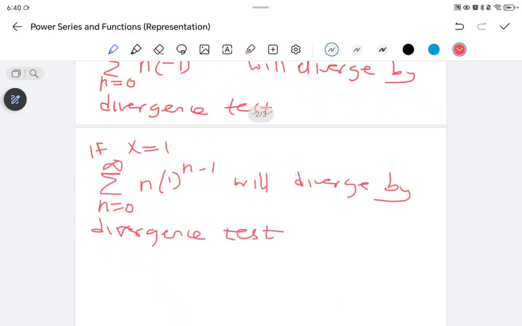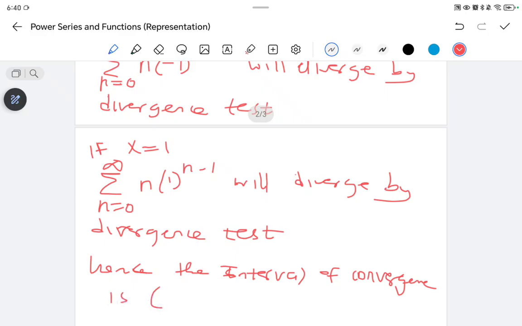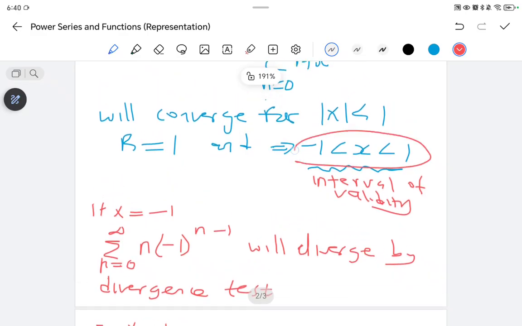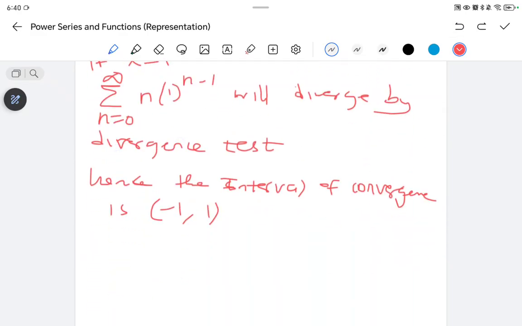Hence, the interval of convergence is minus 1 to 1, the open interval, because it doesn't converge at these endpoints. If it converged at the endpoints, I would say otherwise. So I put open brackets. Any question?